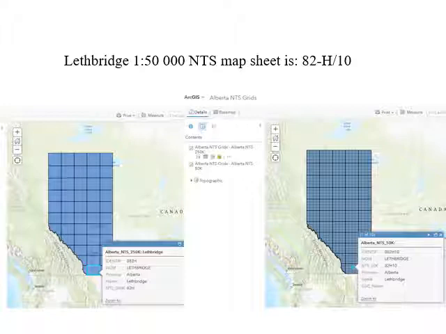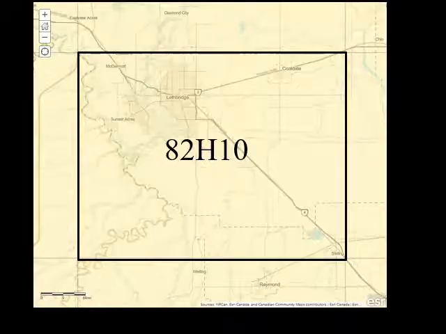So on the left side is the 1 to 250,000 map sheets, and there you can see the block of 82H, which is subdivided into 16 numbers. And then here's your Lethbridge 1 to 50,000 map. Here you see the extent of the 1 to 50,000 NTS map sheet that covers Lethbridge.